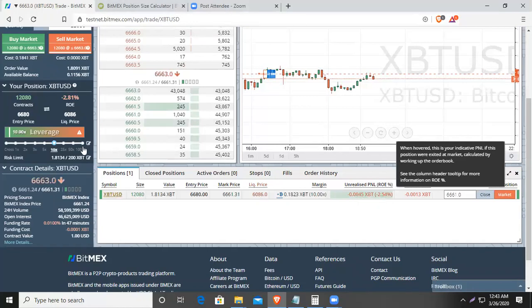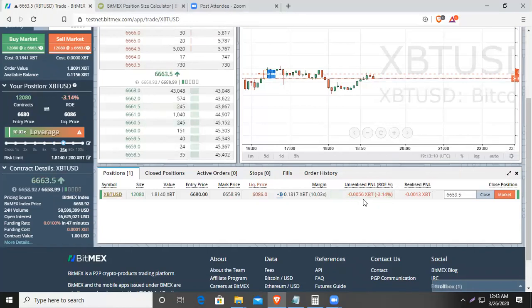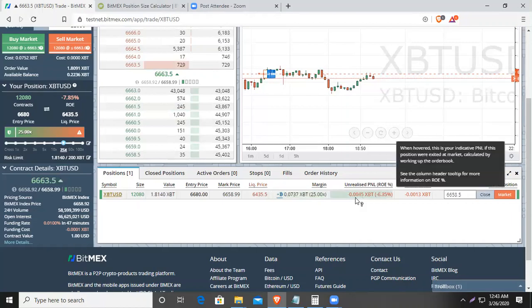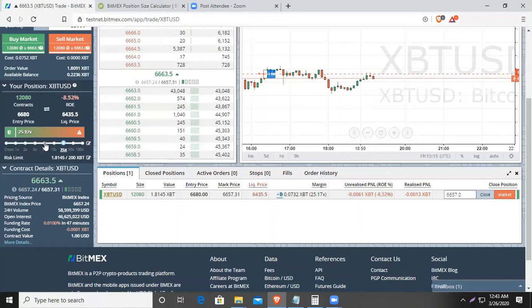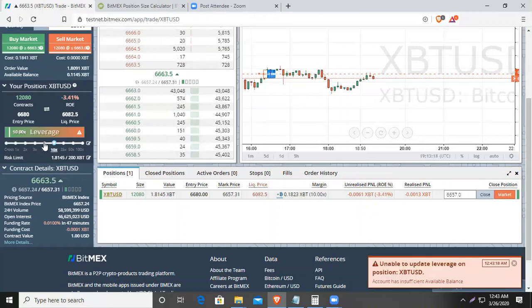But my unrealized P&L is still the same. Look at this, the unrealized P&L is still the same.